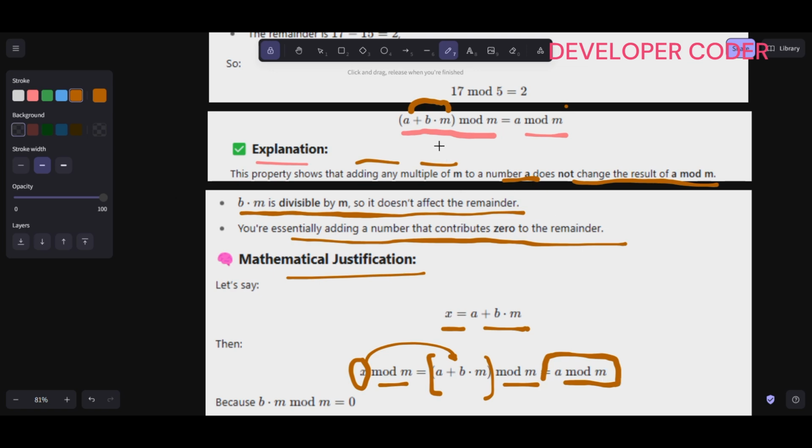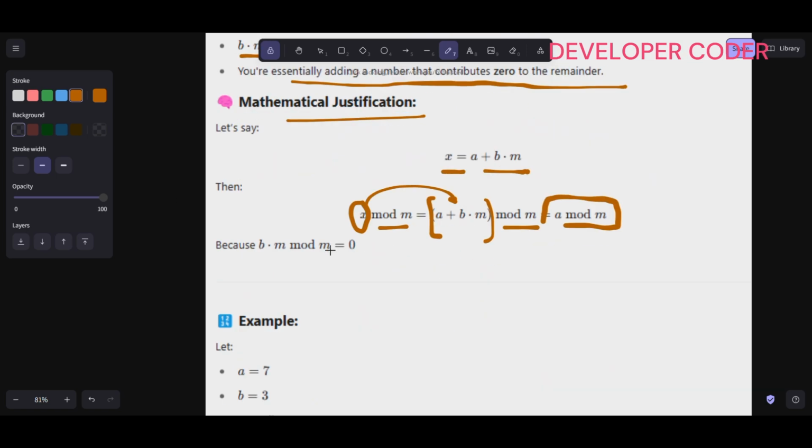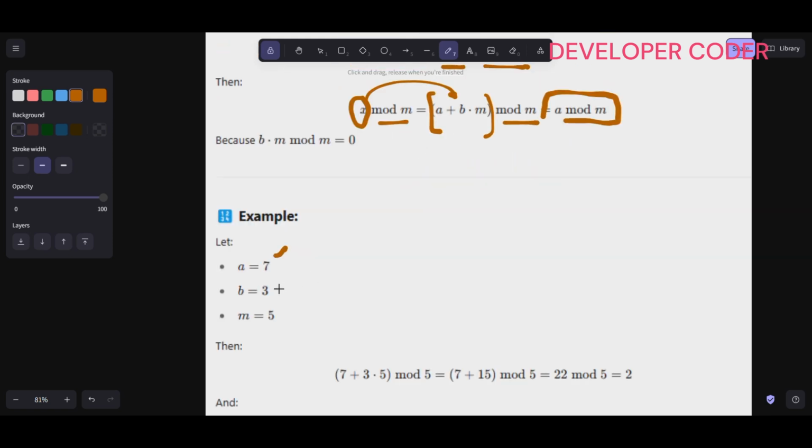All right, so here let me prove it with an example. A is 7, B is 3, M is 5. So 7 plus 3 dot 5, you are putting a plus b dot m and then doing mod with m. So 7 plus 15, here 15 is coming, so you are going to get 2.